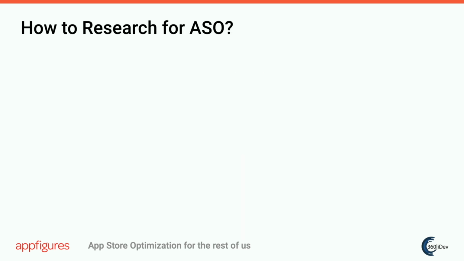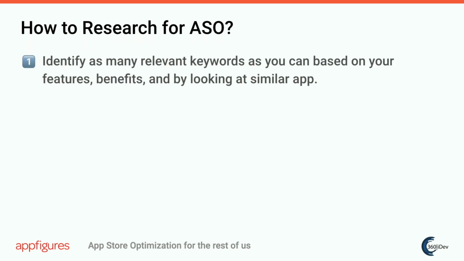How to research for ASO is a question that I don't normally get because people completely eliminate this step in their process. Everyone asks me, where do I put my keywords? How do I get my keywords into my name? But what are your keywords to begin with? And so when I start, it's what I was saying before. I'm looking for all the features, all the benefits, all the why should I get this app? Because if you think about it from a user standpoint, they're not looking for your app. They're looking for an app to complete a task.